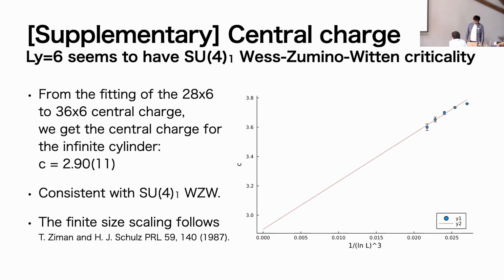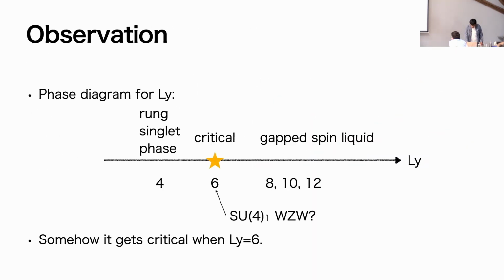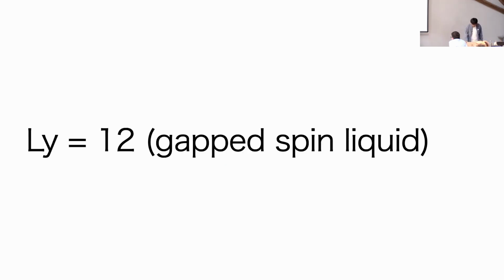This is consistent with SU(4) level 1 Wess-Zumino-Witten, because it has c equal 3. In that sense, we could confirm the phase diagram I showed first. We have the long-range phase, and then it becomes gapless critical with Wess-Zumino-Witten criticality, and then gapped spin liquid. That's the phase diagram I obtained.